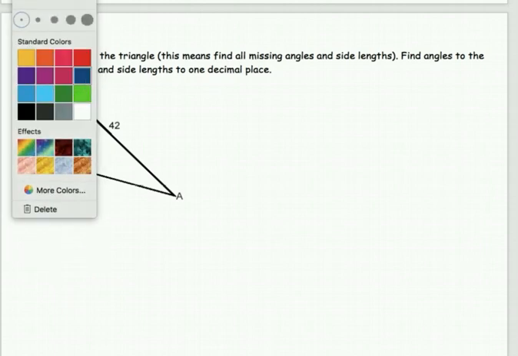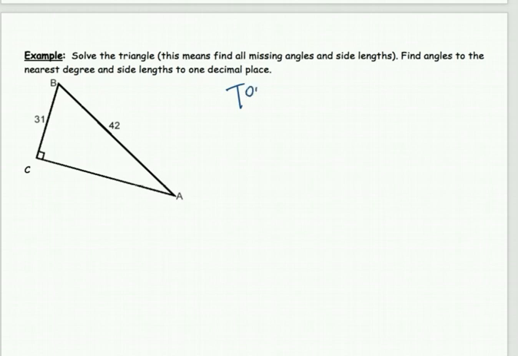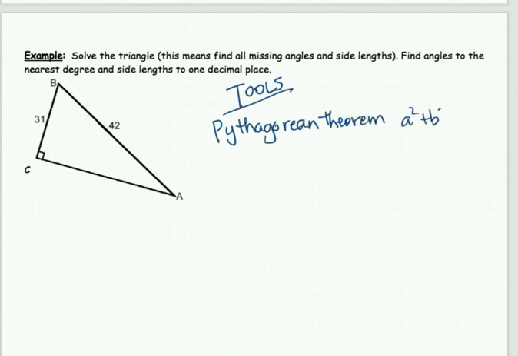Tools that you have now: you have Pythagoras, the Pythagorean Theorem, that a squared plus b squared equals c squared.